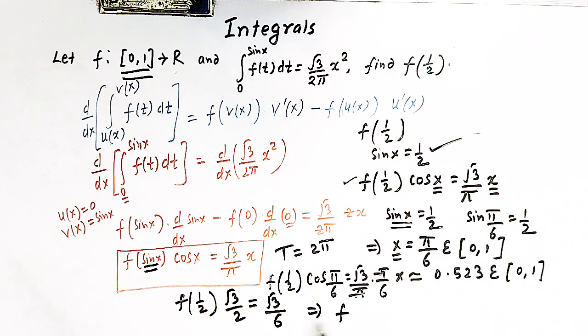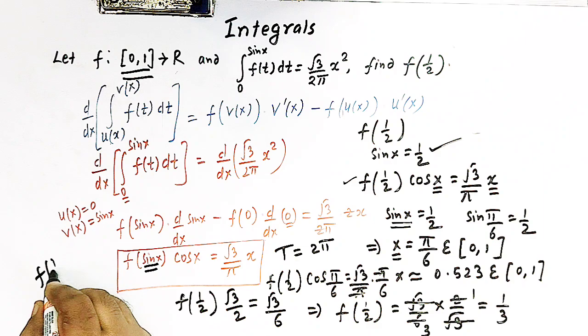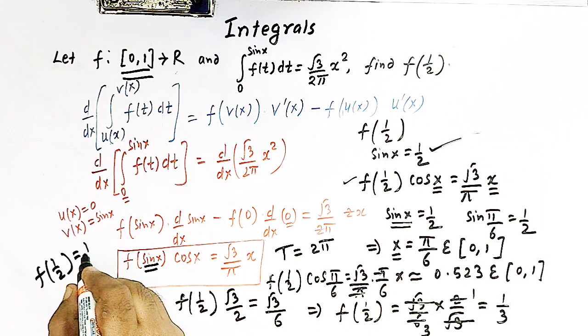Rearranging the terms, f(1/2) equals root 3 over 6 multiplied by 2 over root 3. Root 3 and root 3 cancel, and 2 over 6 leaves us with 1 over 3. So viewers, the required value of f(1/2) is 1 over 3.